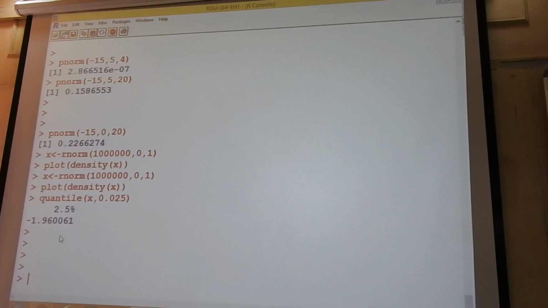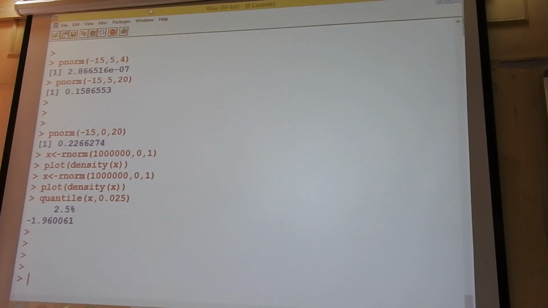I'm not shifting the curve or doing anything. I've got the distribution, and I'm asking: if I have to draw a line on the x-axis such that the line cuts off 2.5% of the distribution to the left, where should I draw the line? And that answer is minus 1.96, for a normally distributed random variable with mean 0 and variance 1.